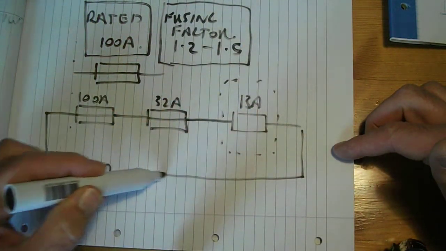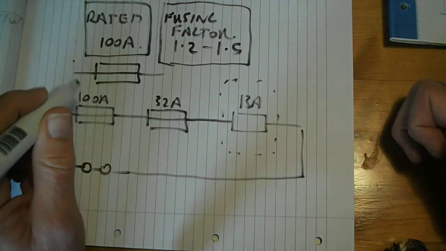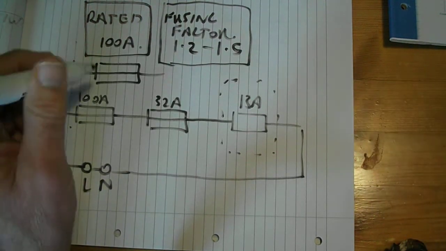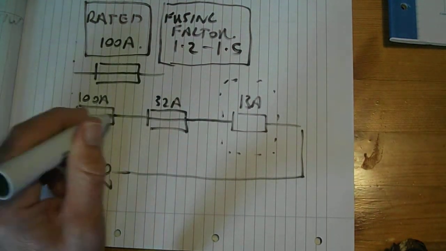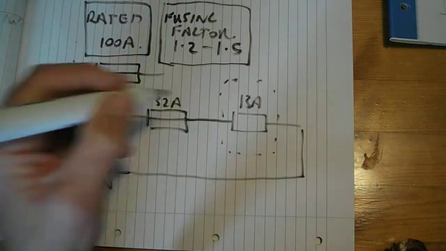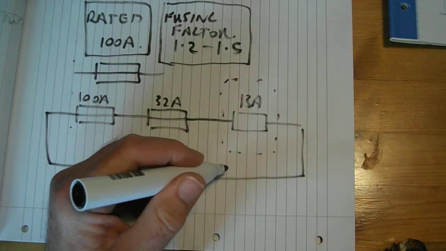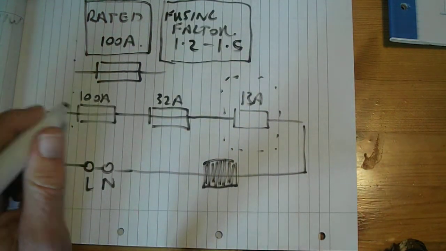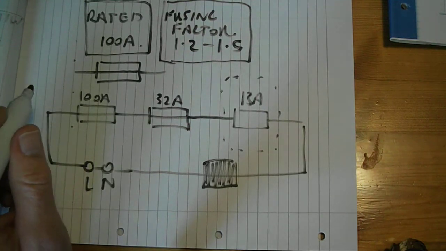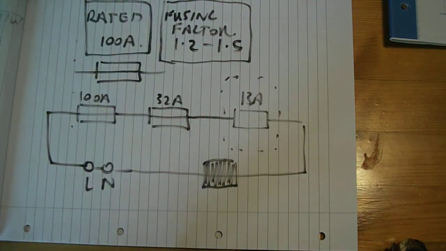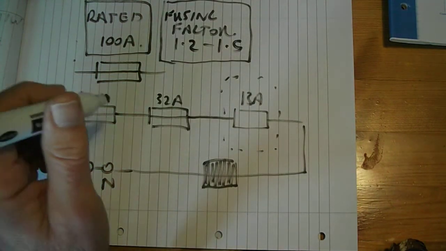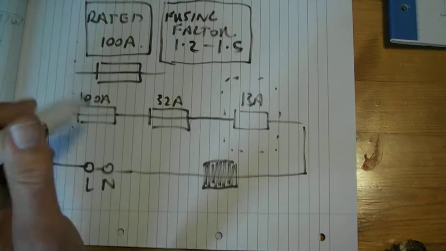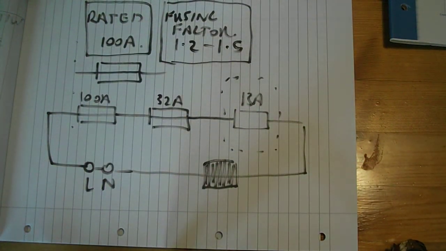So in your circuit you have effectively 3 fuses connected in series. So that's live and neutral. There's our circuit effectively. There's your load in there, for example. Could be an immersion heater or something like that. And discrimination means that the smallest fuse closest to the fault has to blow first.